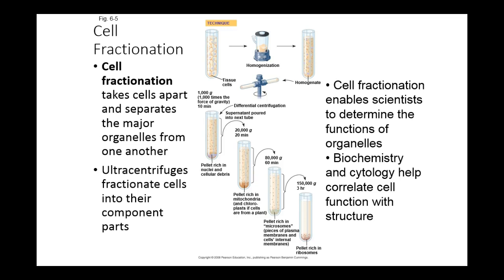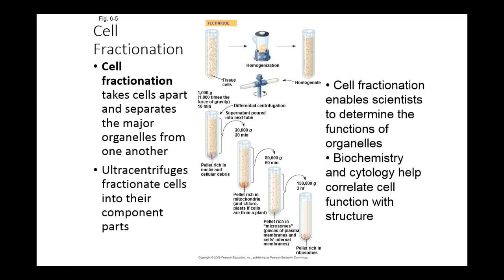You're breaking it into parts of things that may weigh more than others. So what we try to do is get the heavier things to fall down to the bottom of the test tube. So that homogenate is then going to be centrifuged.